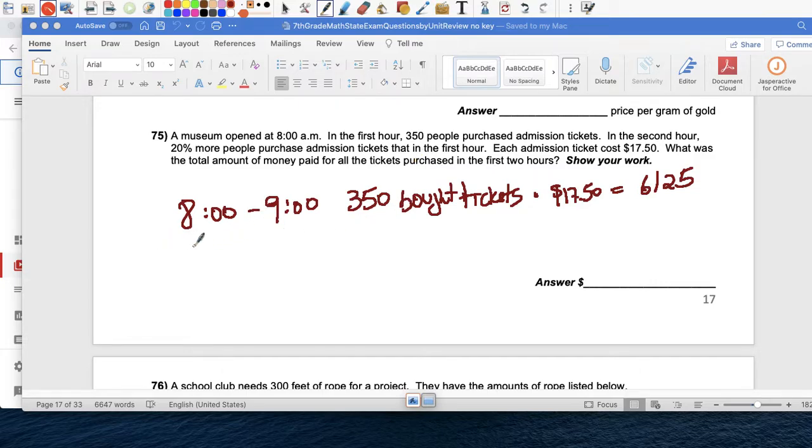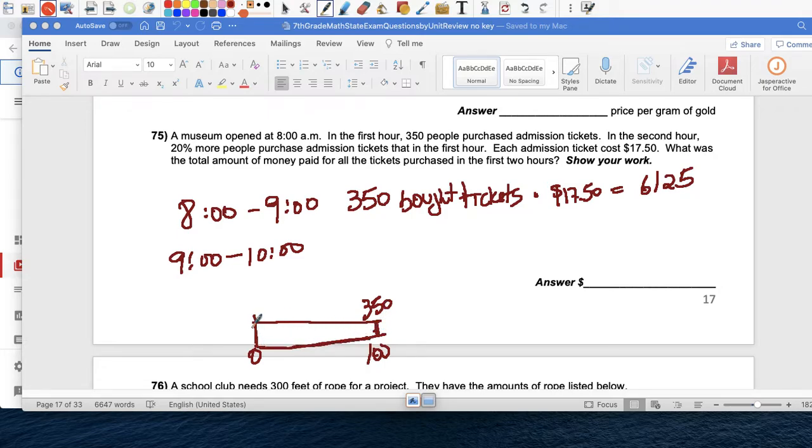In hour 2, from 9 a.m. to 10 a.m., they said that 20% more people. So what's 20%? So we look at this. Again, you don't have to do the bar graph. So 350 people were the number of people that bought tickets in the first hour. In the second hour, the number of people who bought increased by 20%.